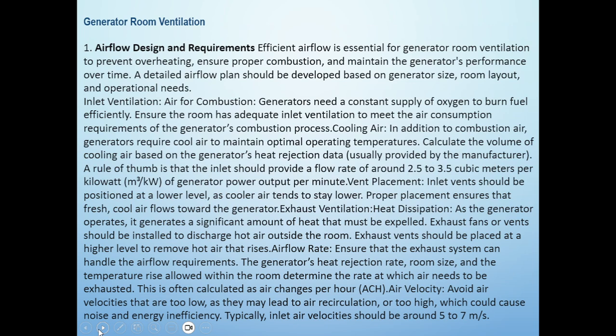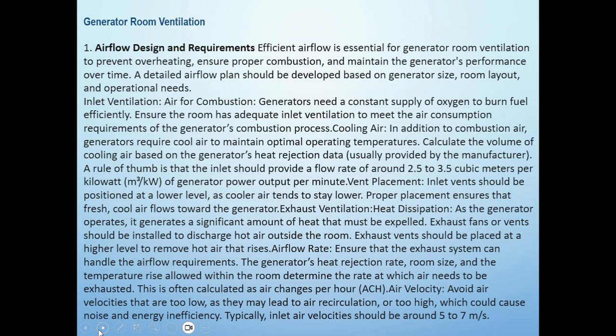Cooling air. In addition to combustion air, generators require cool air to maintain optimal operating temperature. Calculate the volume of cooling air based on the generator heat rejection data, usually provided by the manufacturer.